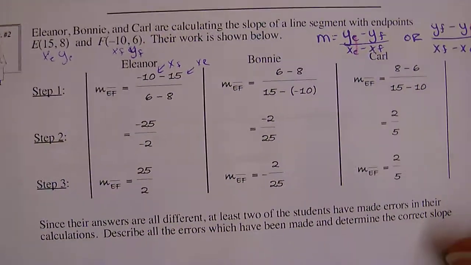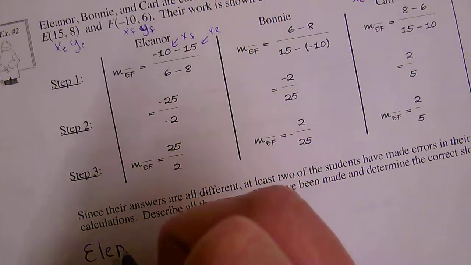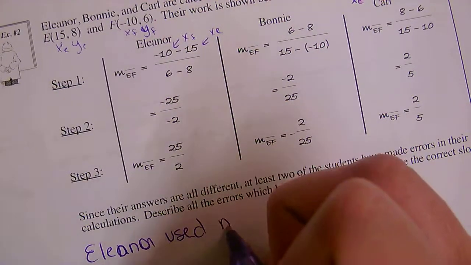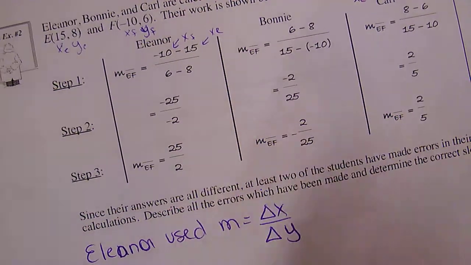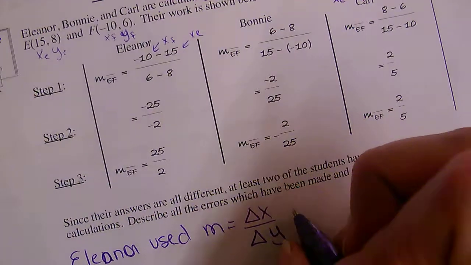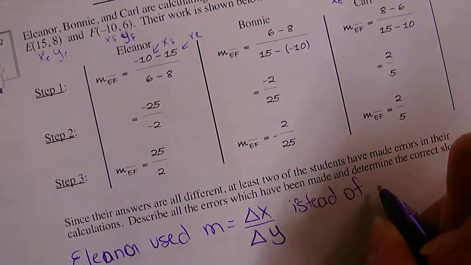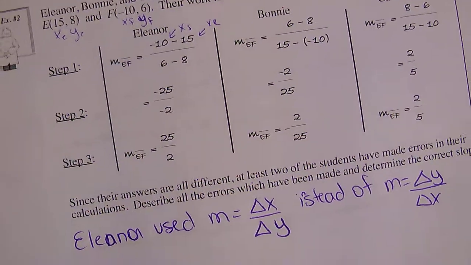So for our explanation here, we would say that Eleanor, let's spell her name wrong, used slope is equal to the change in x over the change in y, instead of the change in y over the change in x.